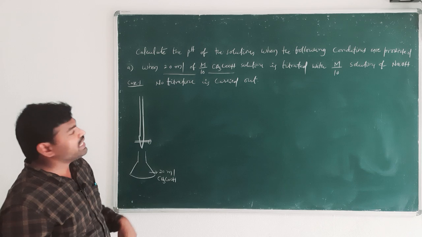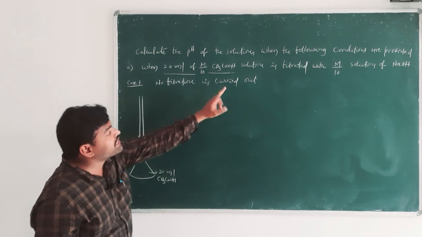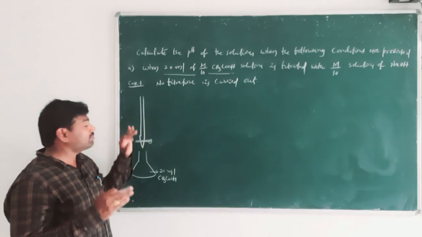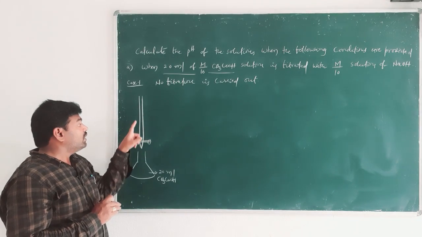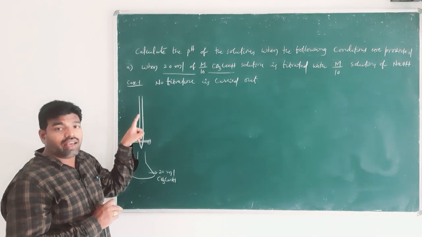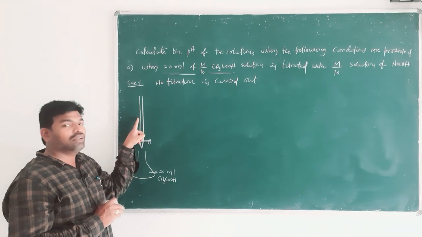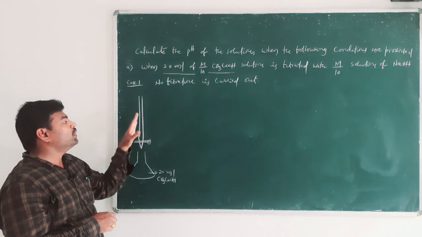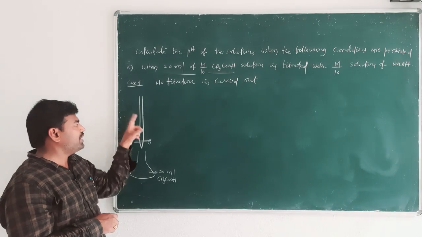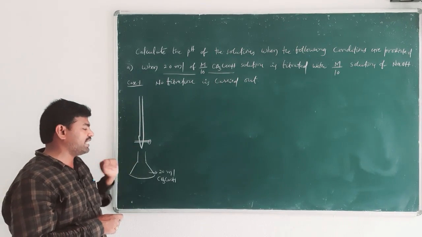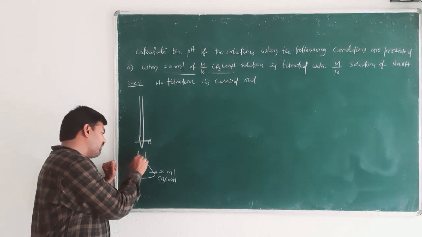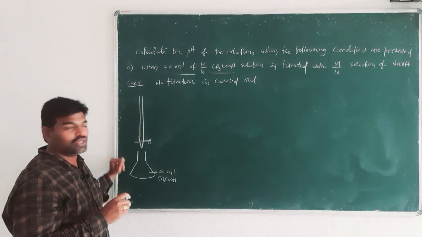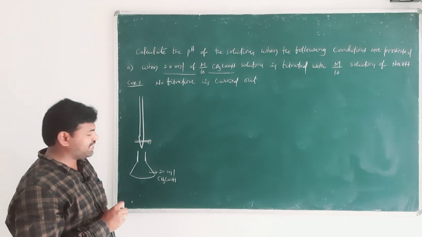But calculate the pH when no titration is carried out, that is, there is no addition of NaOH to acetic acid. So in the conical flask only acetic acid is there. In such a case, calculate the pH.